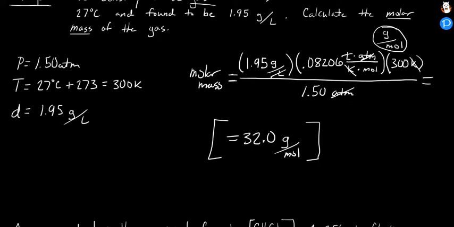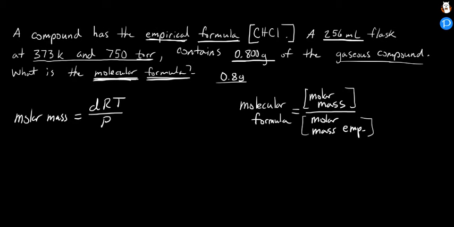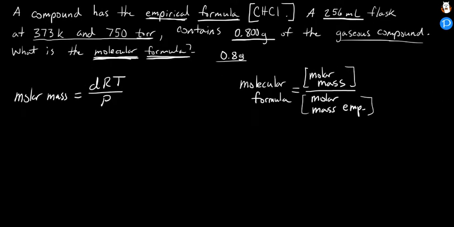So I'm going to make sure I convert that into liters for things to cancel out correctly. So let's come back down here. 0.8 grams per, I'm just going to move this decimal over 3 places, 1, 2, 3, 0.256 liters.